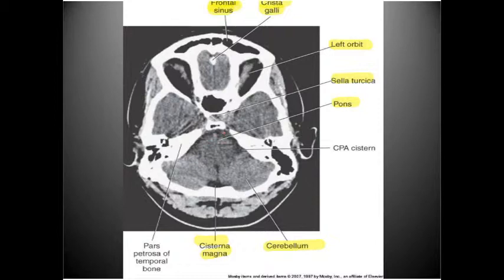This image is slightly confusing because we are once again going through the base of the skull. We have what appears to be the sphenoid sinus here. And so we're seeing the orbits. So we have the frontal sinus, basically the mastoid air cells here. We'll call it MAC for short.